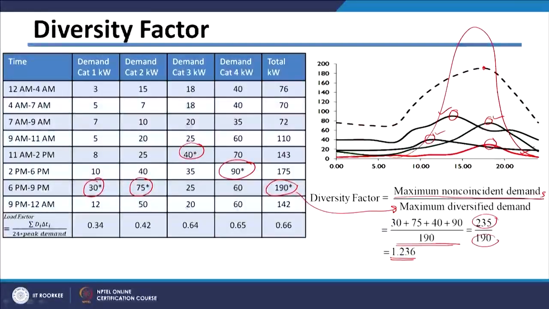So it is always better to have higher and higher diversity in your loads, so that the overall peak of the system load will go down. So we want this diversity factor to be as high as possible. The least value of diversity factor will be 1, and then it can be as high as 5 or 6.